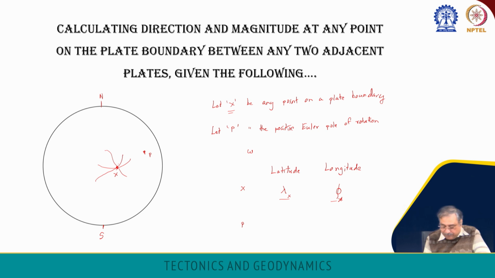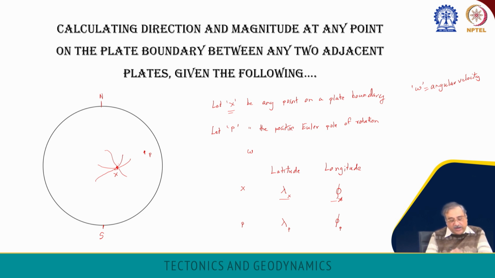So for this point P, let us say that the latitude of this point P is lambda subscript P and the longitude is phi subscript P. So we've been given the position of point P. The other thing that we need to be given is the value of omega, that is the angular velocity. So these are the things that are given to us.